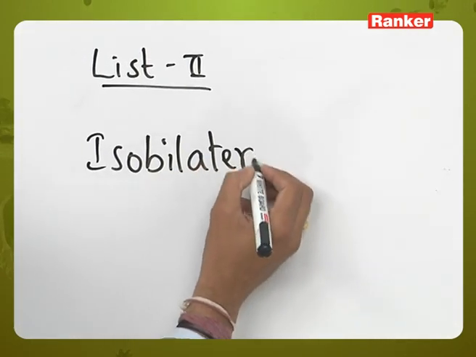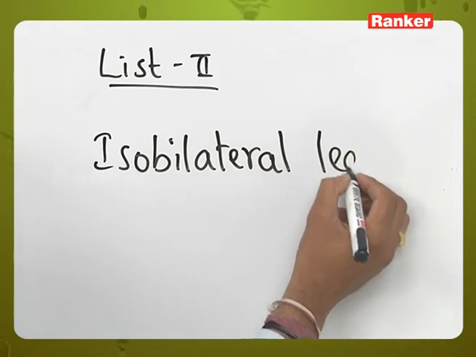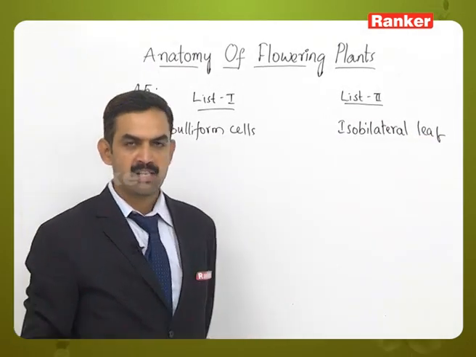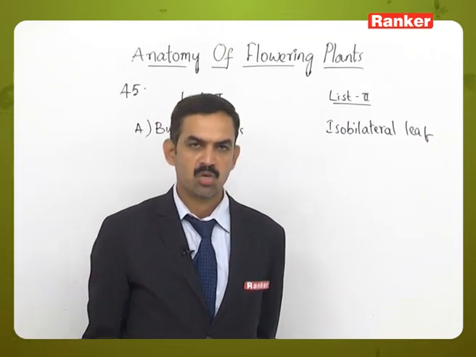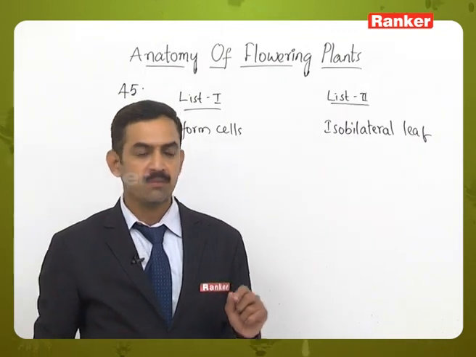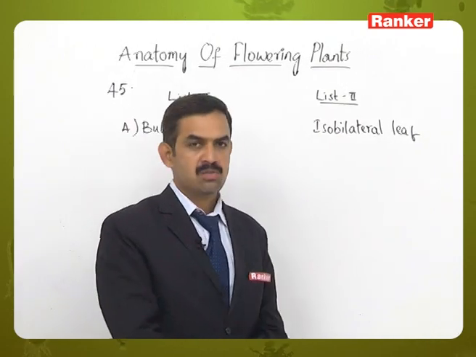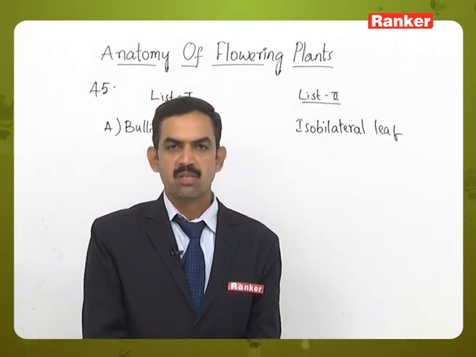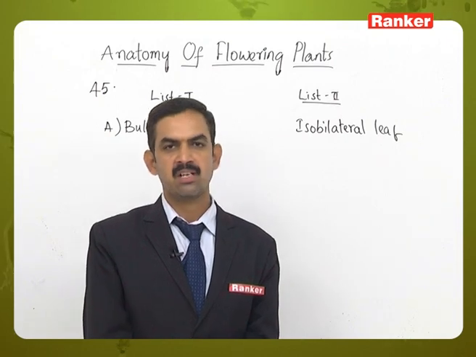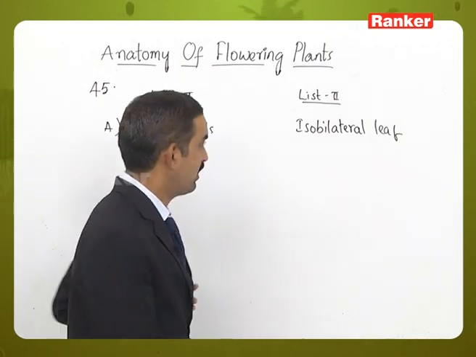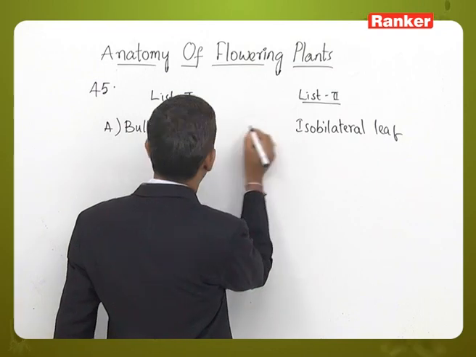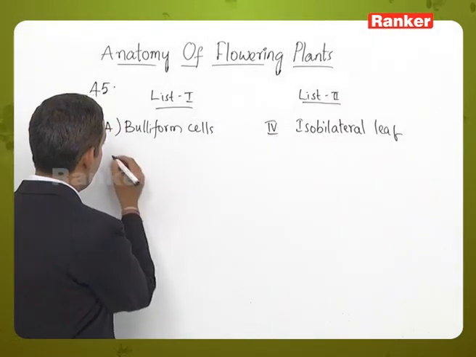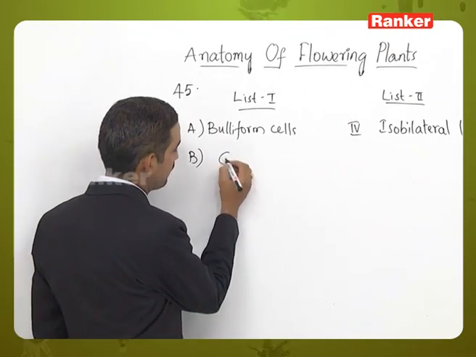Why it is related with the isobilateral leaf: bulliform cells are present in the leaves of monocotyledonous plants, and these leaves are called isobilateral leaves because there is no differentiation between the dorsal side of the leaf and the ventral side of the leaf. So for A, 4 is the correct match.